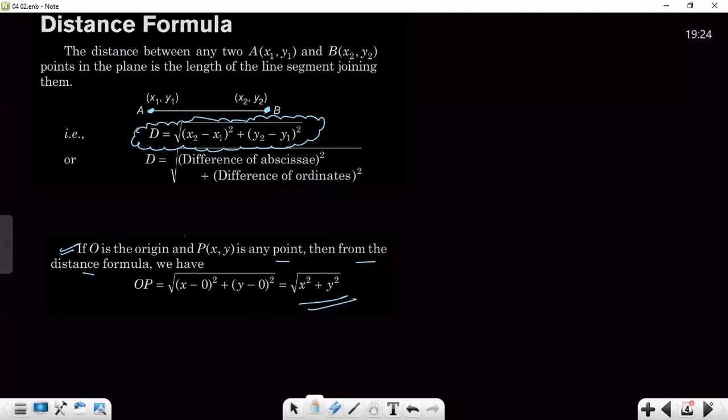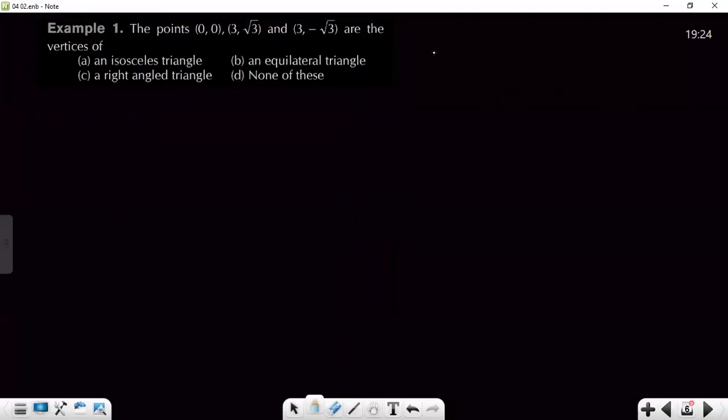Without further ado, let's jump on to the questions. Here in the question, we are given the points, which are the vertices. So we have 3 points and we have to find out which kind of triangle they make: an isosceles triangle, an equilateral triangle, or a right angle triangle.